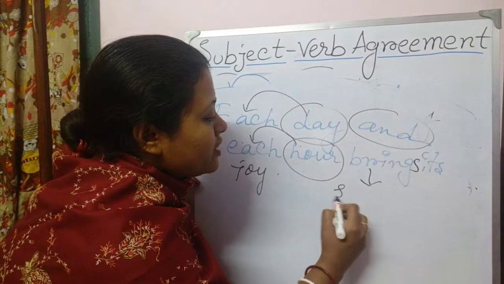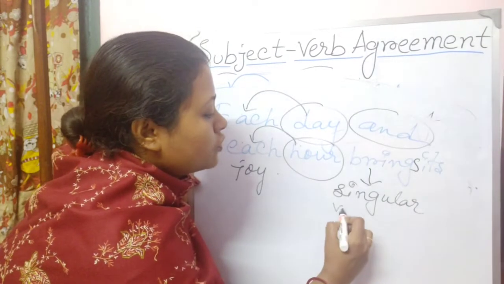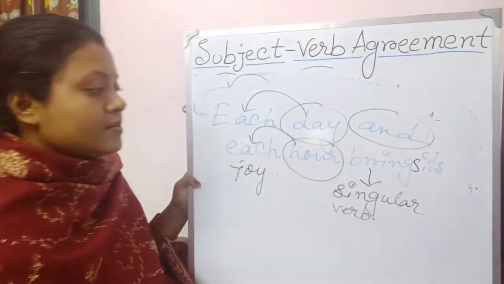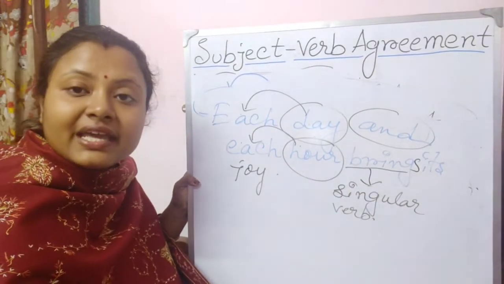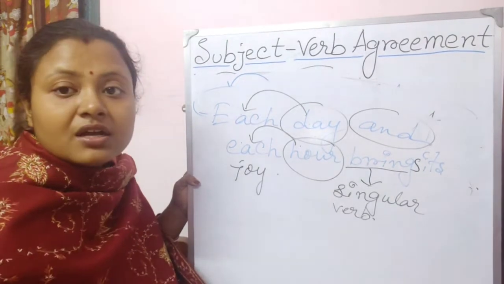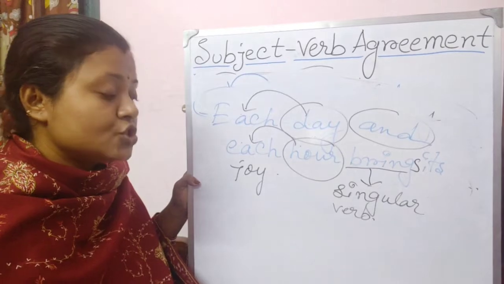So that is why singular verb will follow over here. Brings its joy. After the main verb you have to add s or es, according to the verb. I have added s over here.